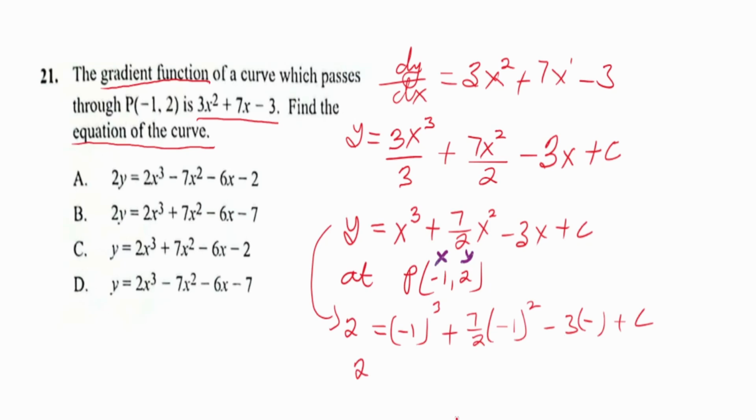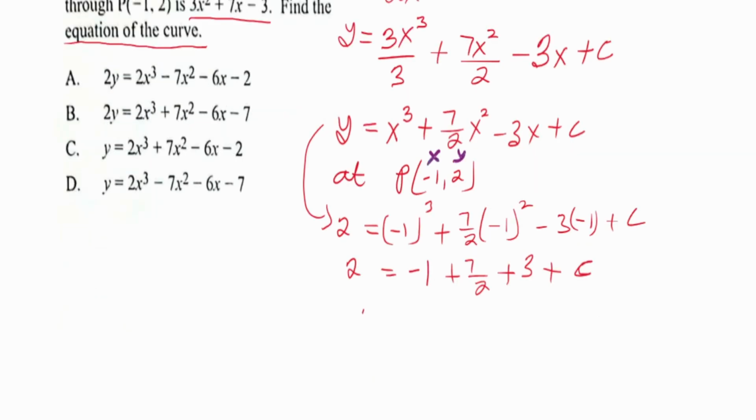That gives us 2 equals (-1) cubed is -1, plus 7 over 2, because (-1) squared, you must remember to put it in parentheses, is 1, times 7 over 2 is 7 over 2, then plus 3, because negative 3 times negative 1 is positive 3, then plus c. Solving this further, when you put all of this into your calculator, you are going to get 11 over 2, then plus c.